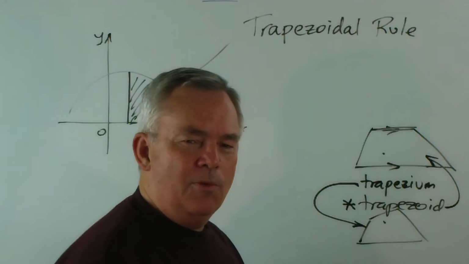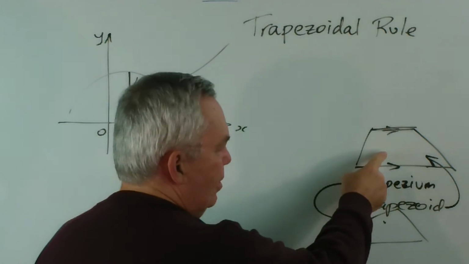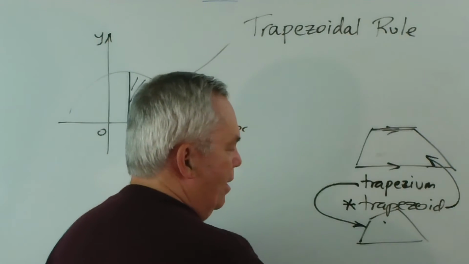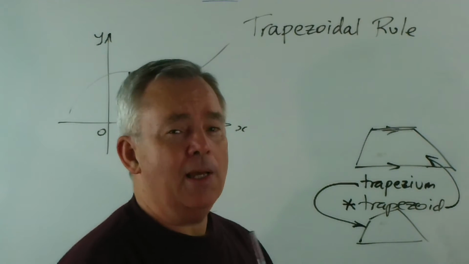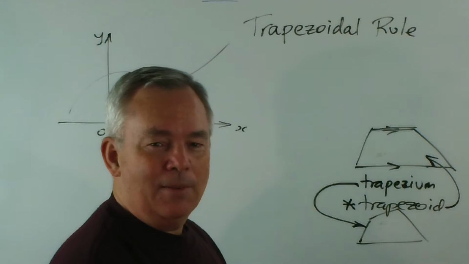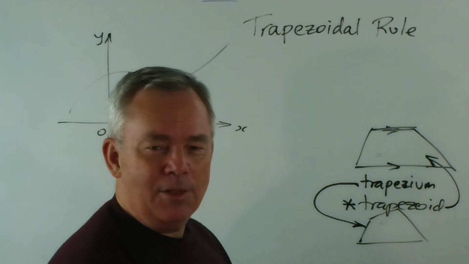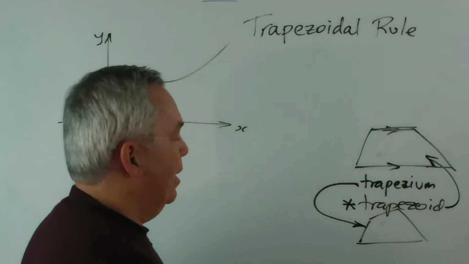So this makes it awkward for me as a mathematician in Australia. I call this a trapezium and this a trapezoid. If you happen to be in the United States, I ask you to forgive me. This is just the way I learned it, and you'll just have to make an adjustment, as I do when I read mathematics textbooks from the United States.